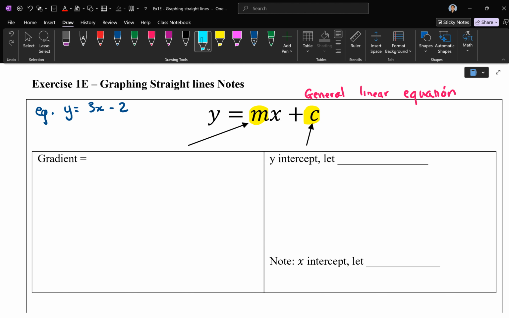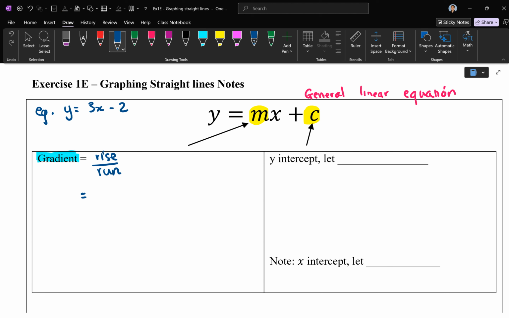M stands for the gradient of a straight line. Now, out of curiosity, what you might have seen in year 8 if you did year 8 accelerated, what is the gradient by definition? It is rise over run. What else do we know about the gradient?